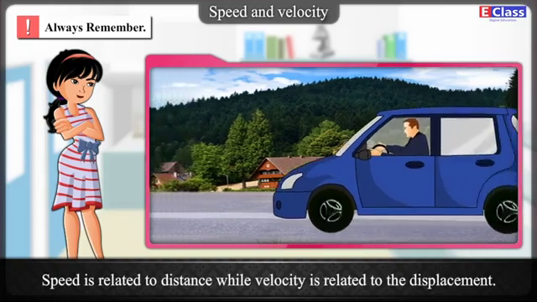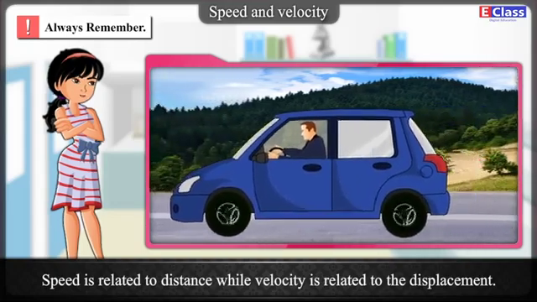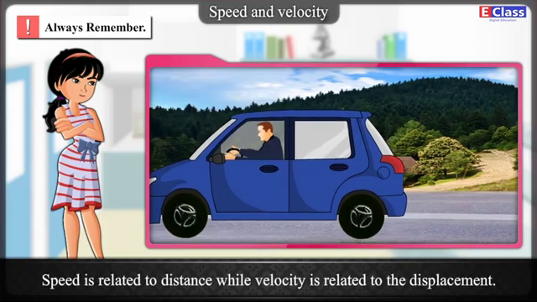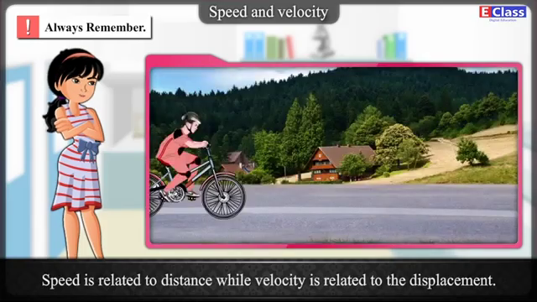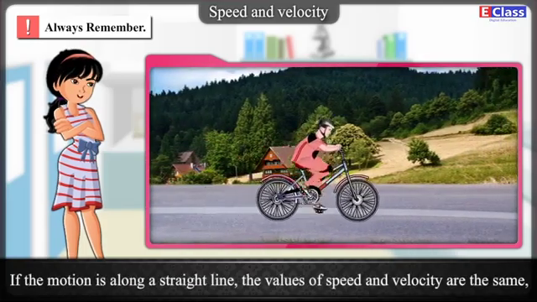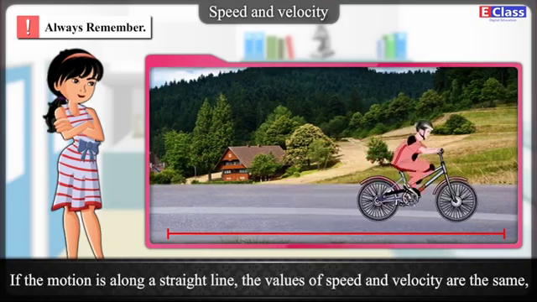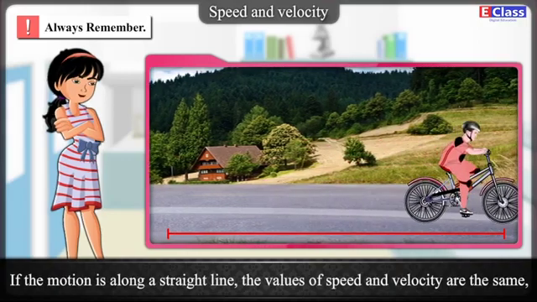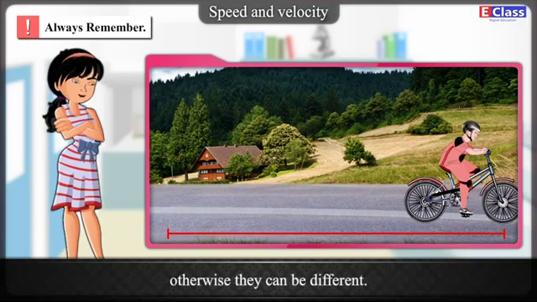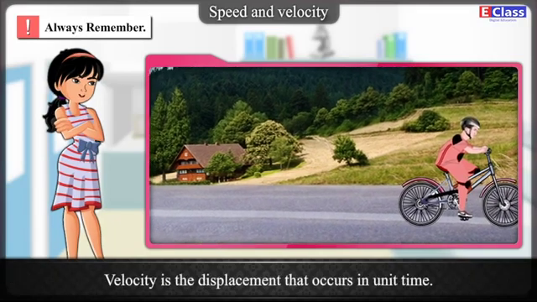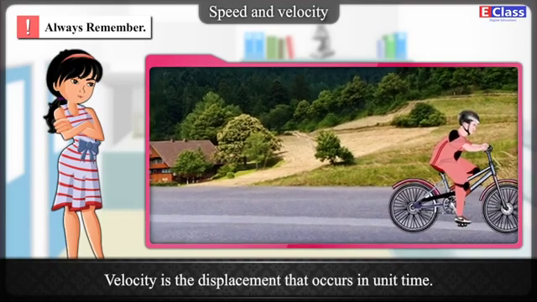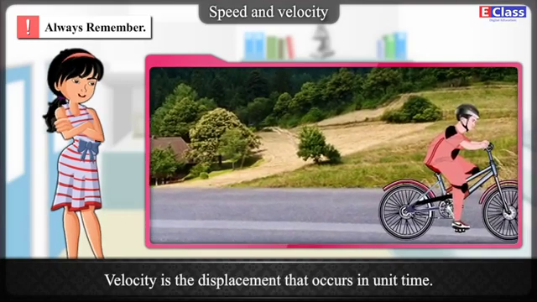Speed is related to distance, while velocity is related to the displacement. 3. If the motion is along a straight line, the values of speed and velocity are the same. Otherwise, they can be different. Velocity is the displacement that occurs in unit time.